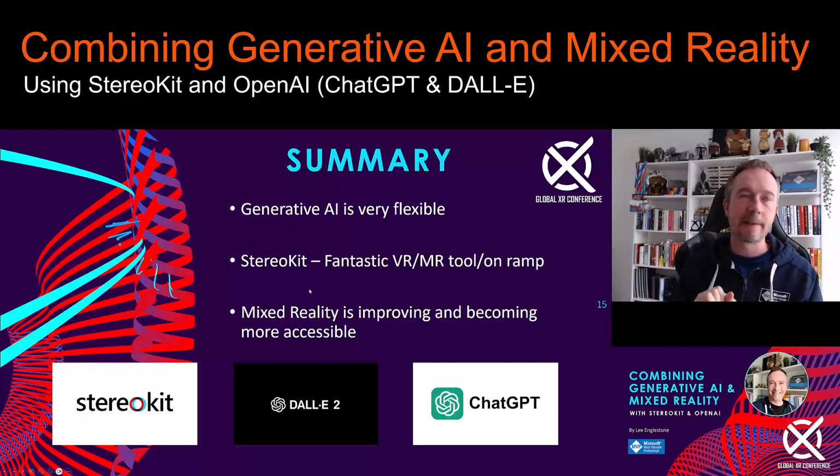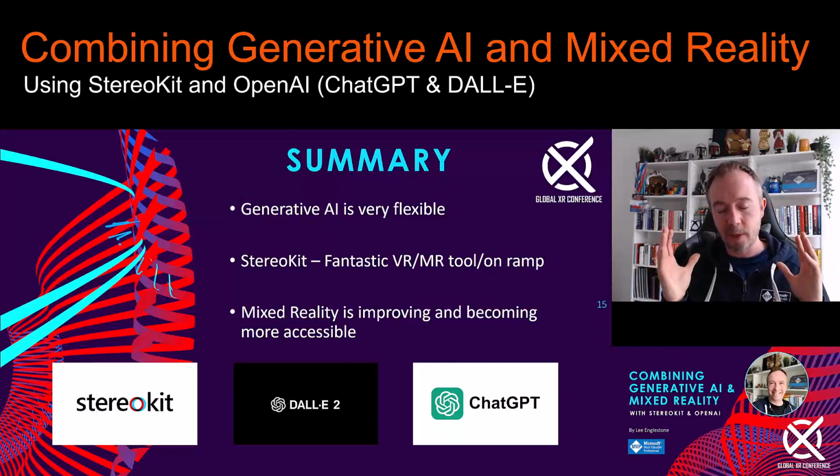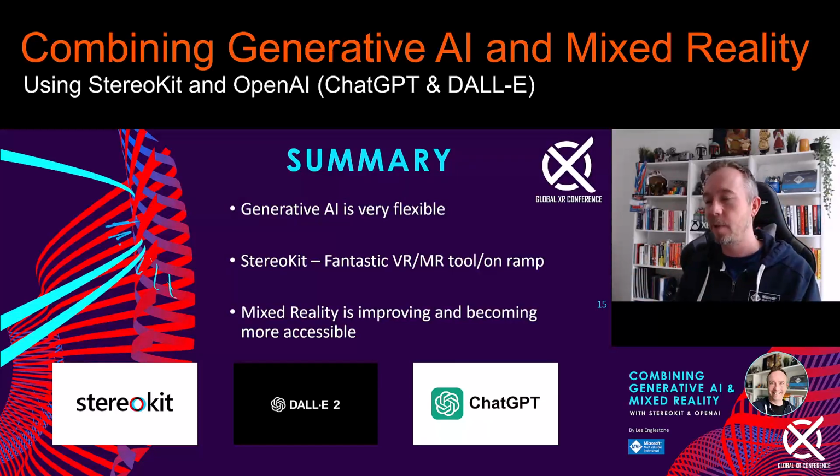And mixed reality itself is improving all the time. You just have to look at the differences between the pass-through for the Oculus Quest 2 and the Oculus Quest 3. You just see how much more powerful the devices have become after each generation. And mixed reality is becoming more accessible, not only through an increasing number of use cases and adoption by industry and markets, but also the actual kit itself.